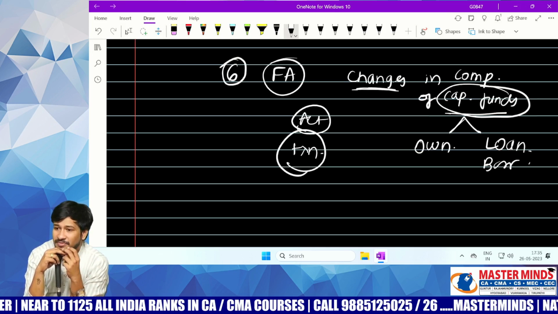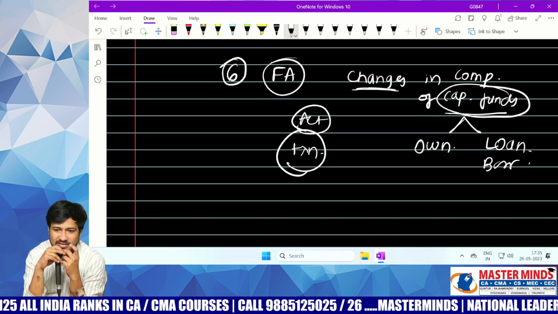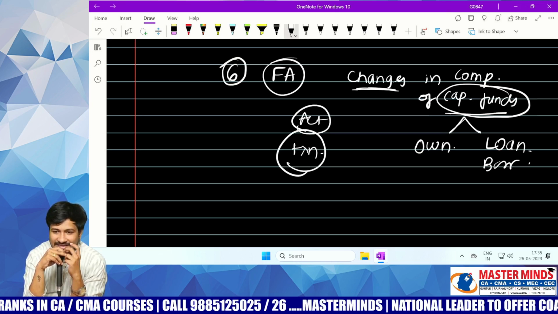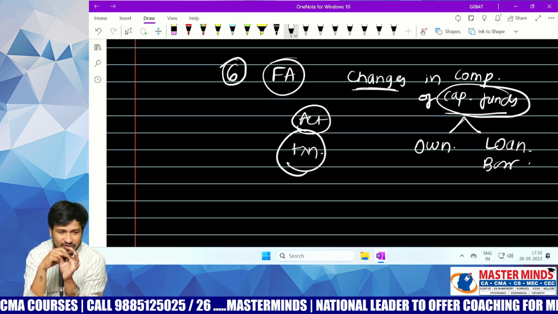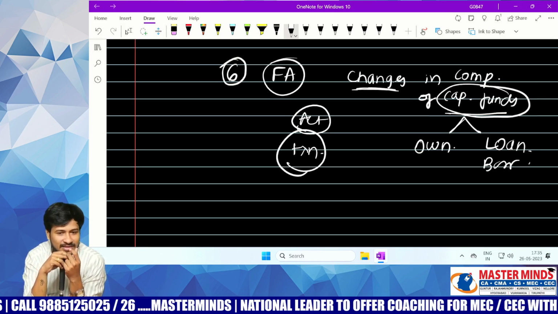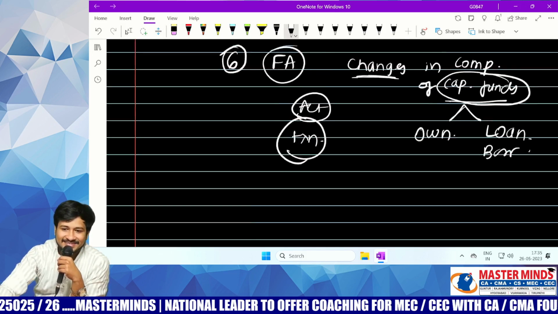Financing. Redemption of debentures. Issue of bonds for acquisition of fixed asset. Investing or financing? Okay, let us write the entry.